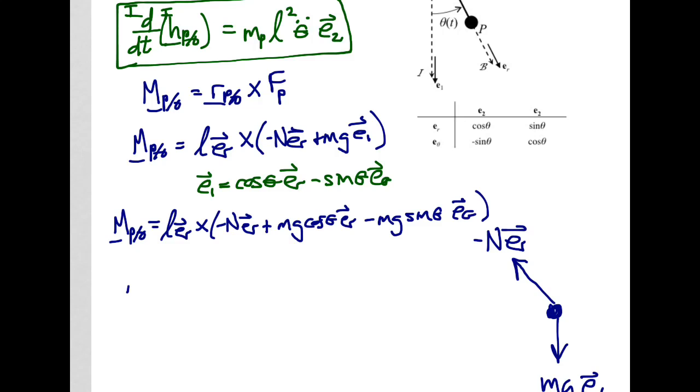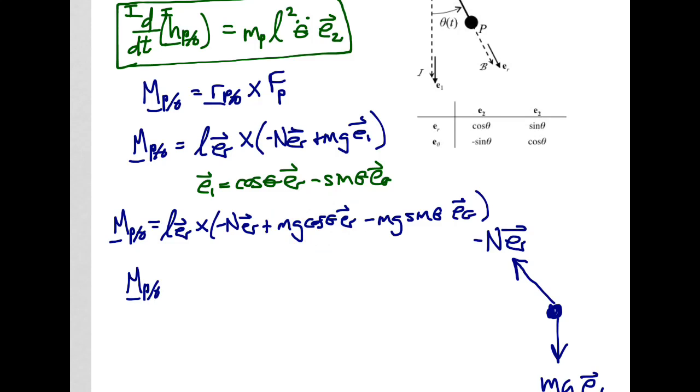When we distribute our cross products, L in the ER direction crossed with minus N in the ER direction is 0, and L in the ER direction crossed with mg cosine theta in the ER direction is 0, because ER cross ER is equal to 0.